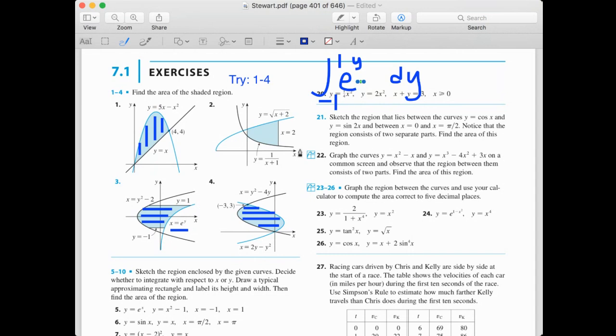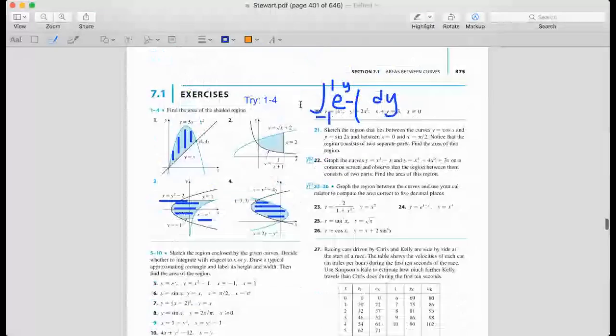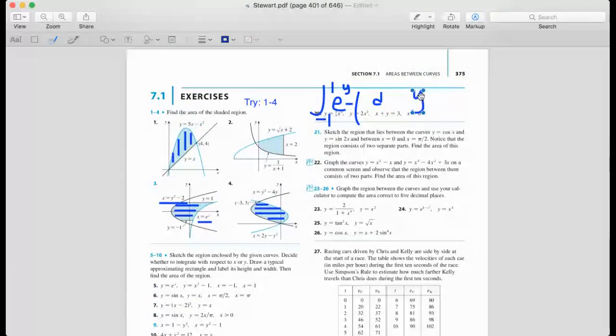Subtract. What's the function of x in terms of y on the left? Y squared minus 2. So minus, because we're subtracting two terms, let's put parentheses around.